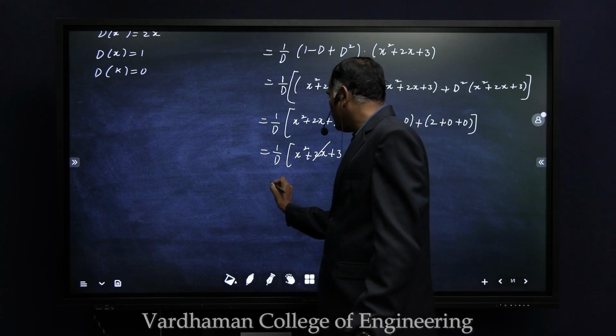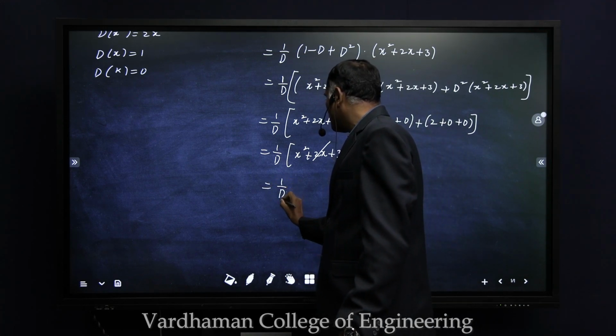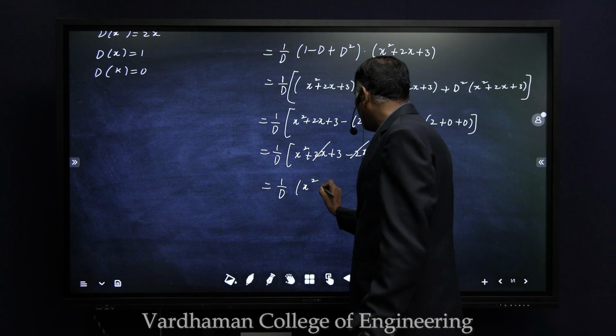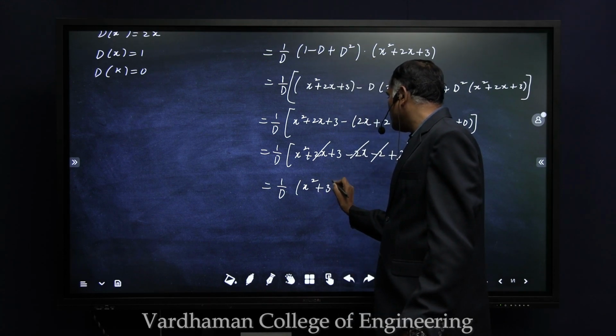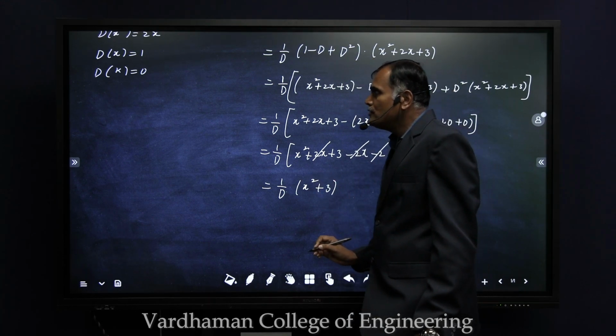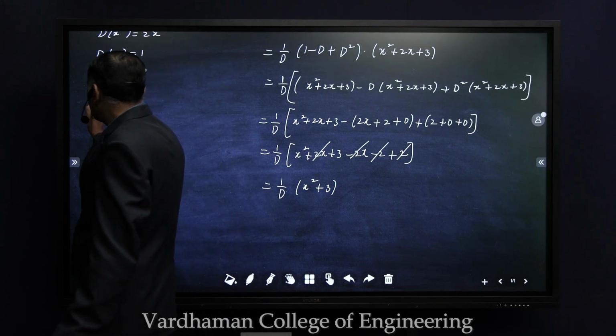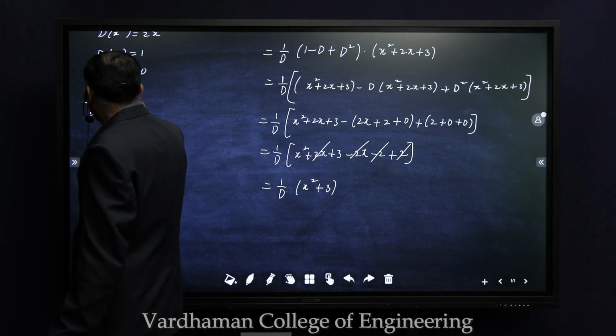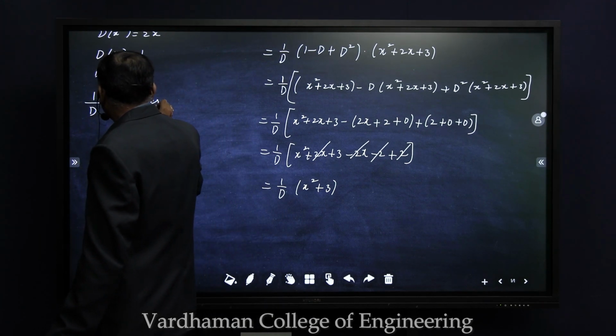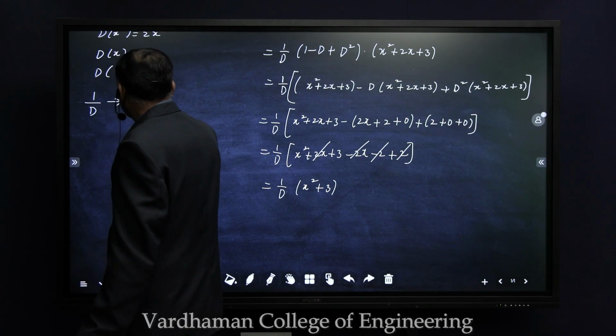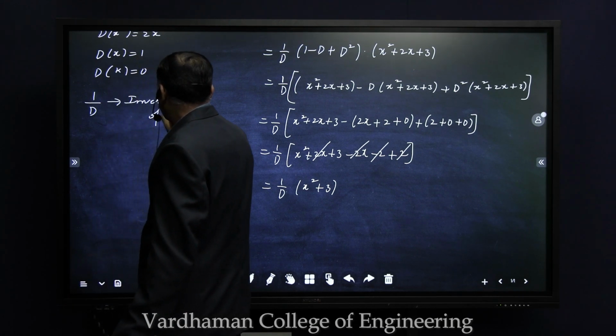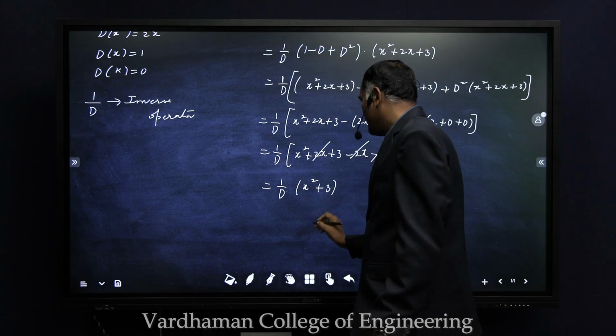After simplification we get 1 by D times x square plus 3. Now 1 by D means inverse operator or integral operator. 1 by D means integration of x square.